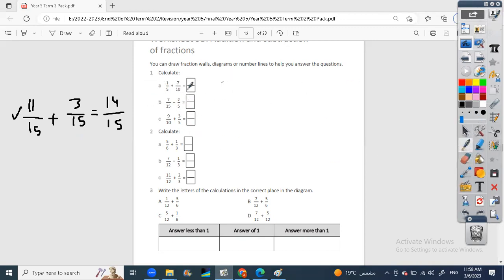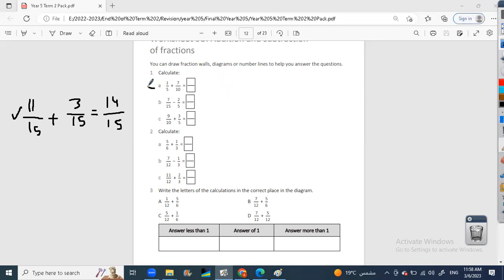So I'm going to multiply the 5 by 2. It will become over 10. And multiplying also the 1 by 2, it becomes 2 over 10. Now, mister, I changed 1 over 5 to be 2 over 10. 2 over 10 plus 7 over 10 is 9 over 10. And this is the answer.